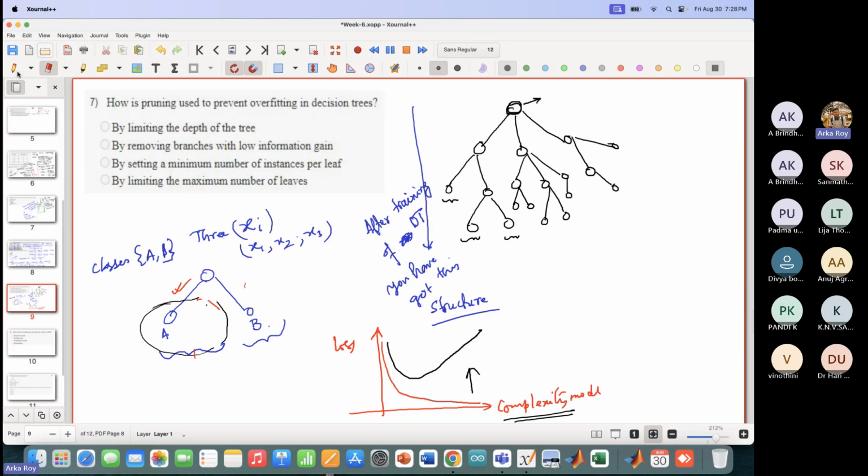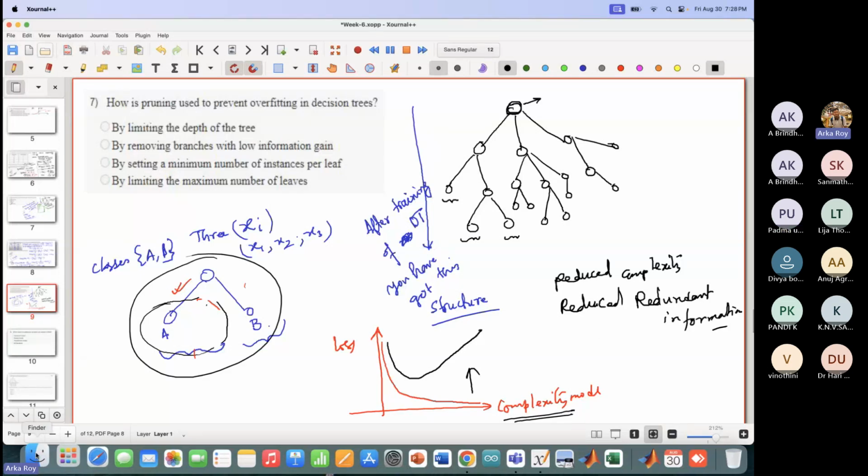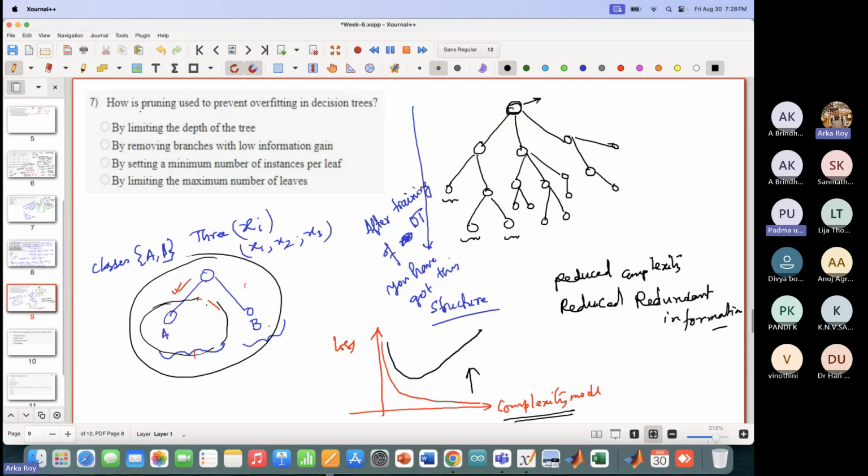So in some way you have reduced the complexity. You have also reduced redundant information from the tree itself. So this is how you do pruning to reduce the overfitting.